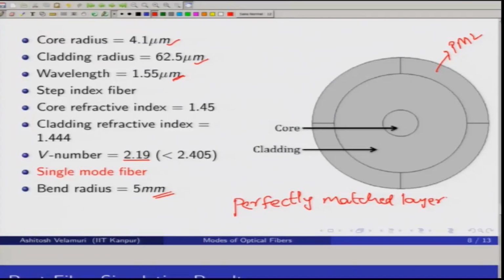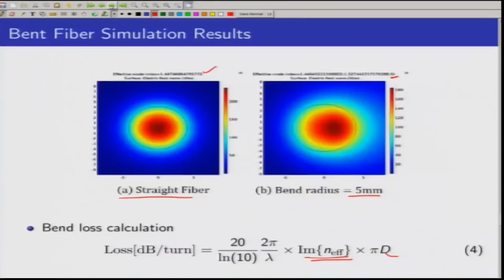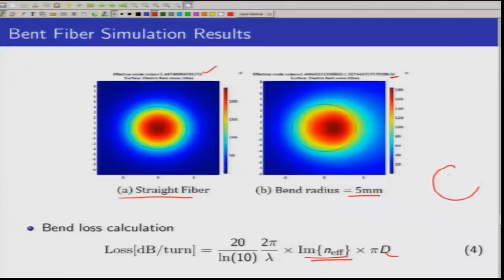Why do we use this layer? Is this really important? As we have seen here in the slide, there is some radiation happening from the core, and this radiation will pass from the core to the cladding. Let us say this is the geometry where we have the core and some radiation coming out.